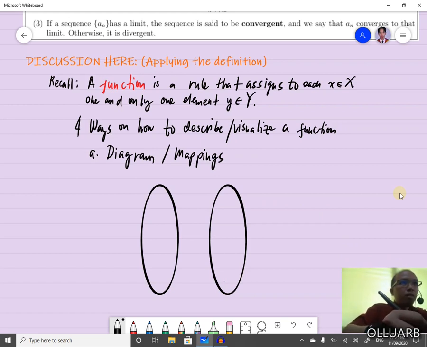As you have noticed here, this is our, let's try another color, let's say blue. This is the set X and the set Y. Okay, and then we have a mapping here.